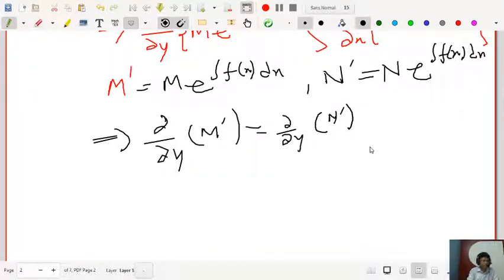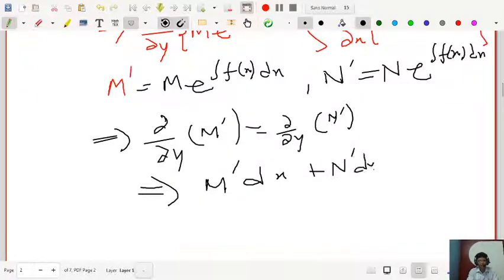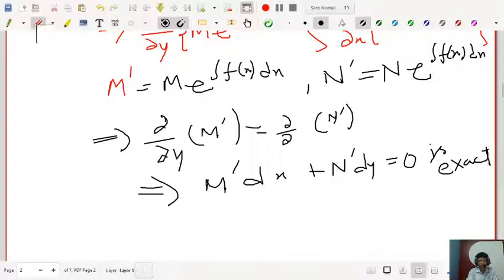So that is the condition of exactness, and we see that your equation, that is M dashed dx plus N dashed dy equal to 0, is exact. Sorry, I have made a mistake here, it will be del x. So that's the thing, it's exact.